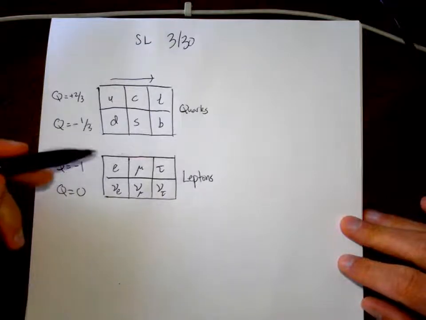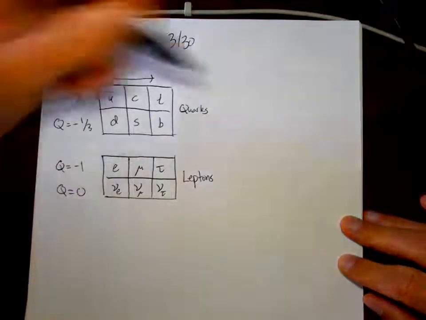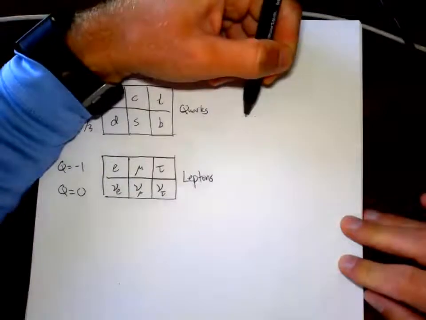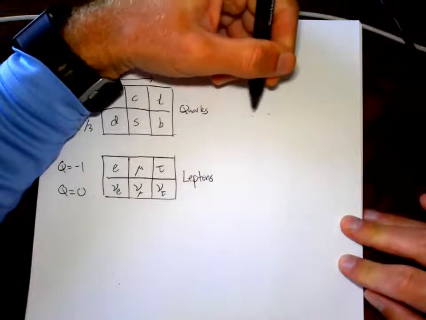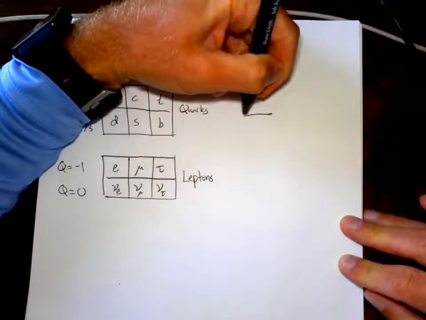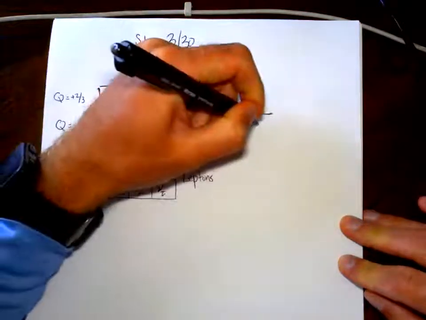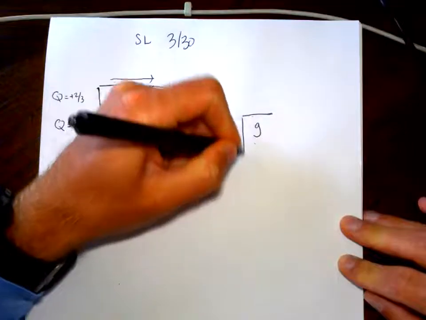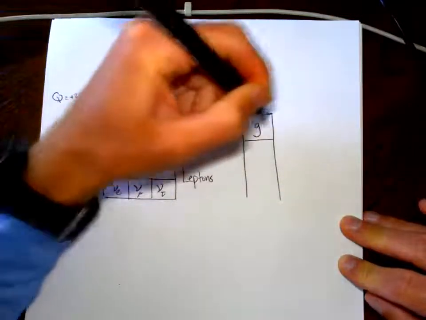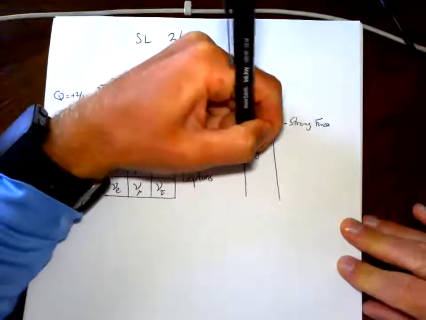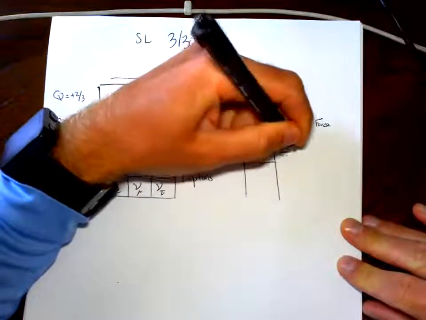These particles interact via what are called force carriers, and there's a number of force carriers. There's the gluon. The gluon is the force carrier for the electromagnetic force.